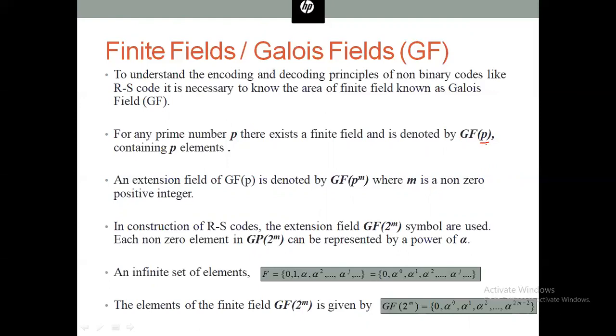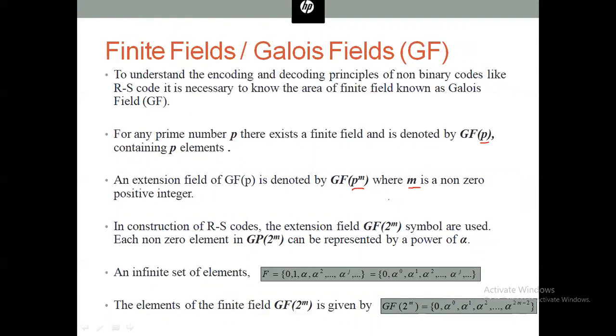And if we want to extend this field, we have p raised to power m symbols in this Galois field, and m must be a non-zero positive integer.